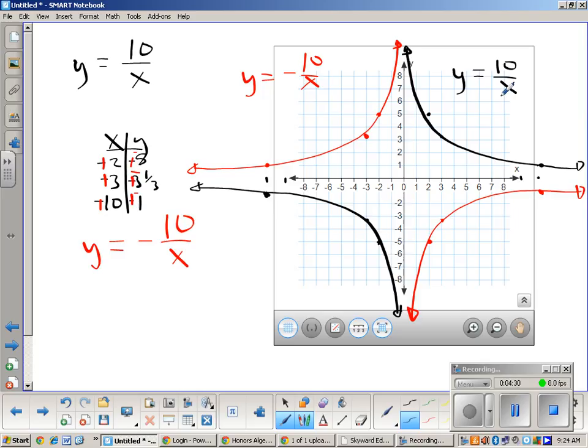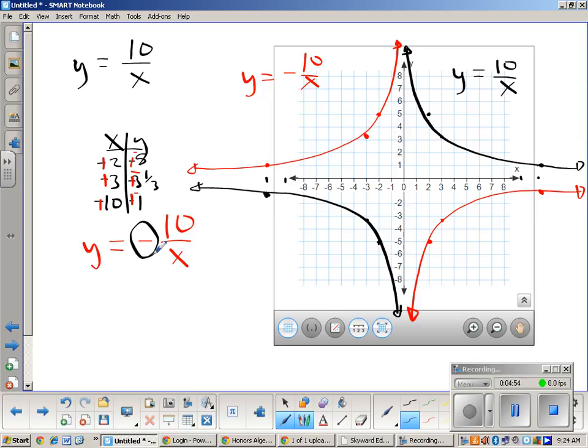You need to understand that when there's a negative here in the equation, it changes from quadrants 1 and 3 to quadrants 2 and 4. Okay? And so we get the same numbers, but we get different quadrants.